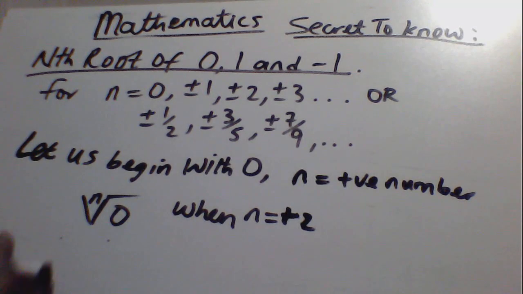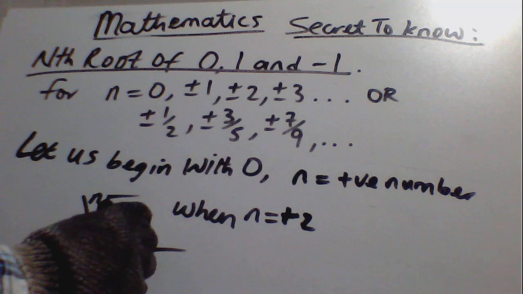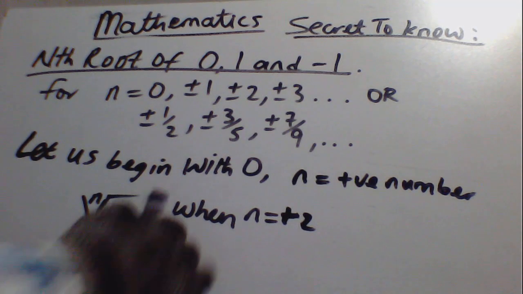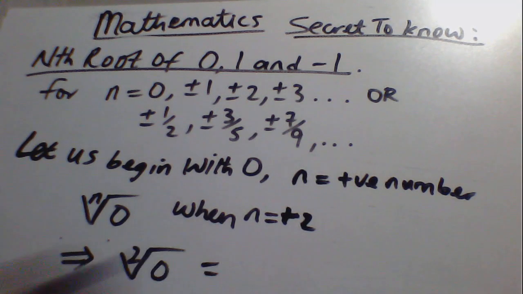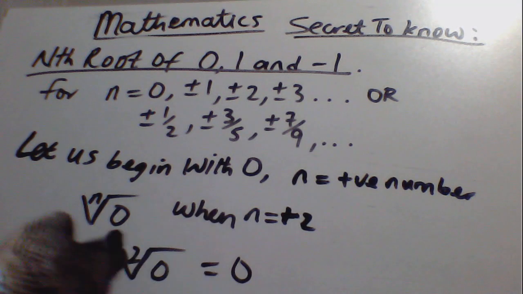This implies that the radical of 0, the square root of 0, will give us 0, because this is 2.